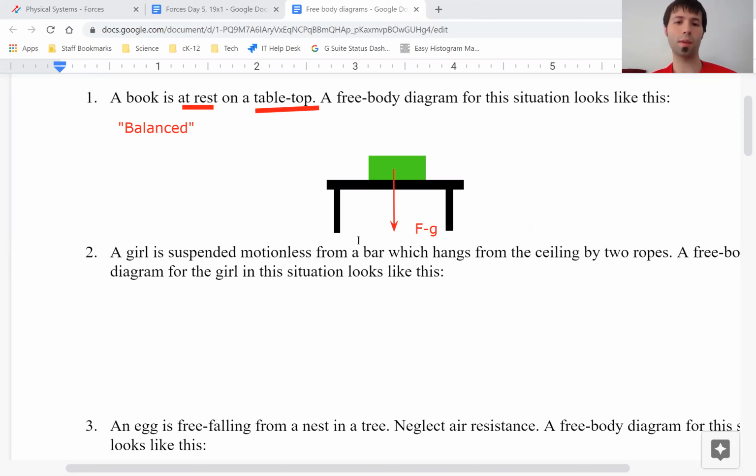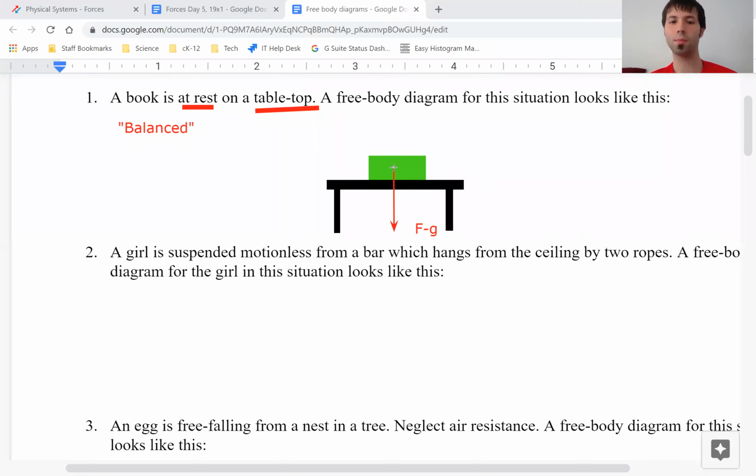Now, if I left my diagram like this, it would be unbalanced, because this is saying that my object is accelerating downward. So I need an upward arrow to indicate that this is a balanced situation. That's why I said you should identify whether it's balanced or not first, and then you get an idea of how many arrows you need in your diagram. So what is balancing the force of gravity? In this case, it is being balanced by the table.